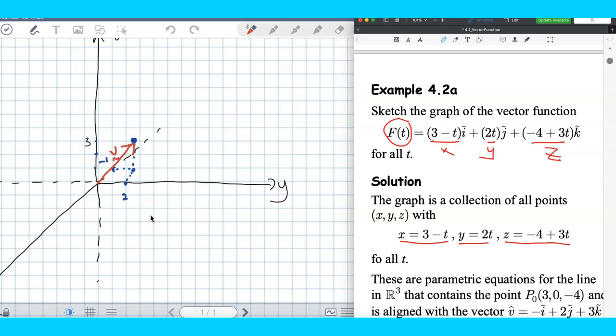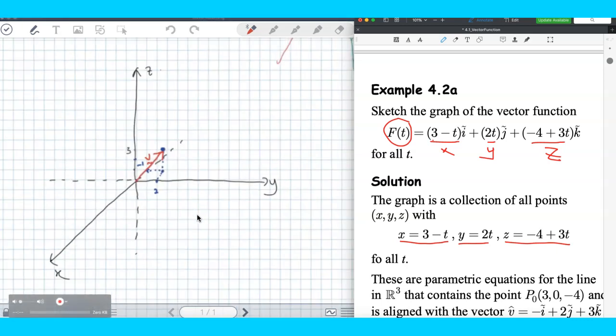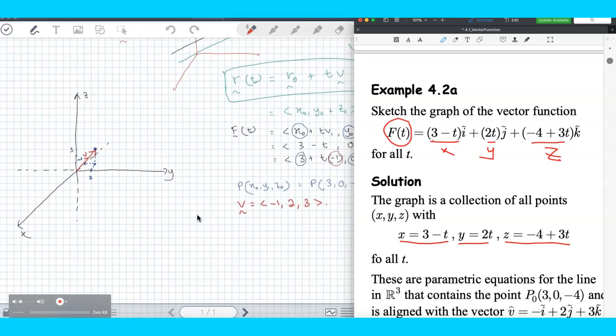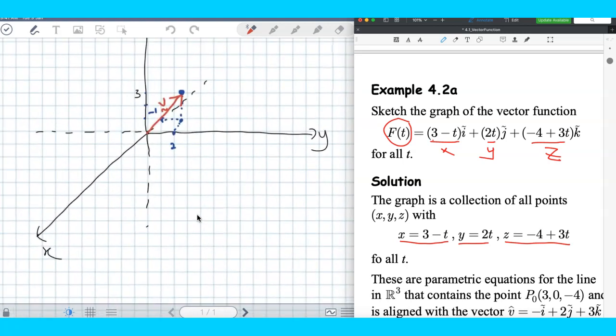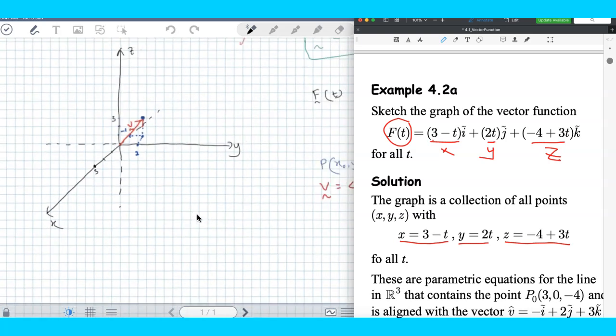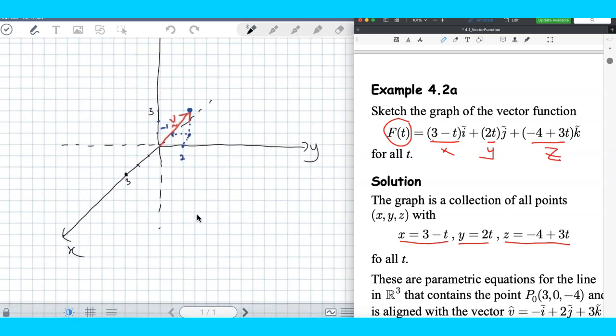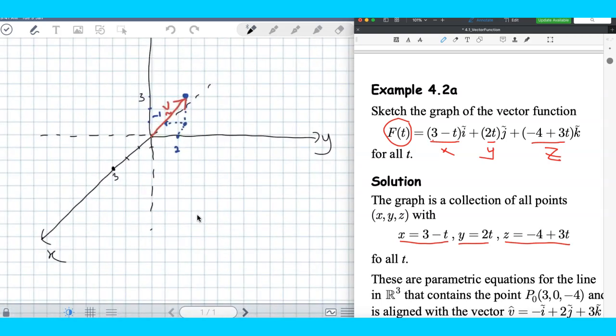Okay, and then where is the point 3, 0, minus 4? So 3 at x. So now we have 1, 2, 3, 3, 0. So 3, 0 here, and then minus 4. Z is minus 4. 1, 2, 3, 4.